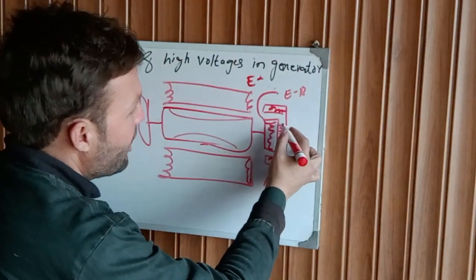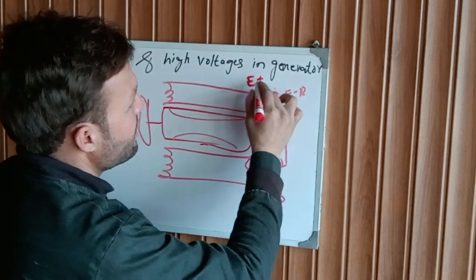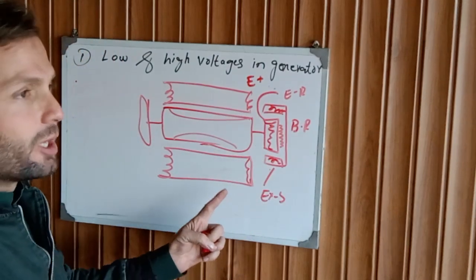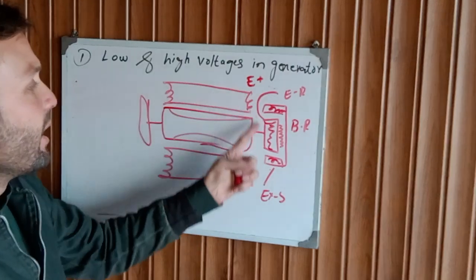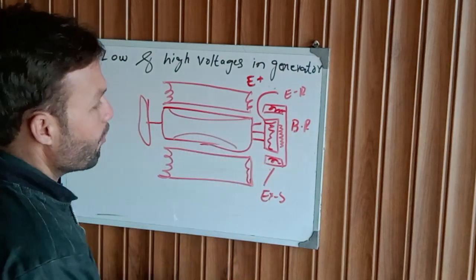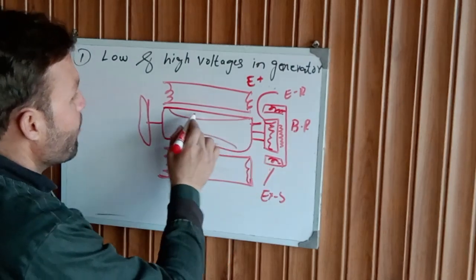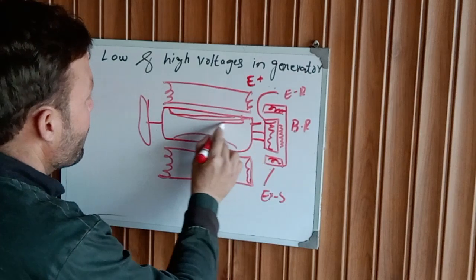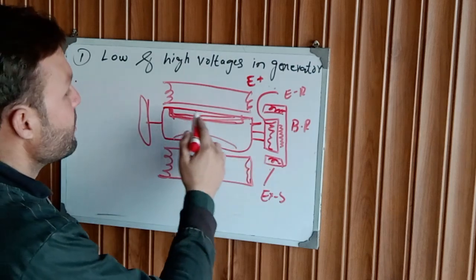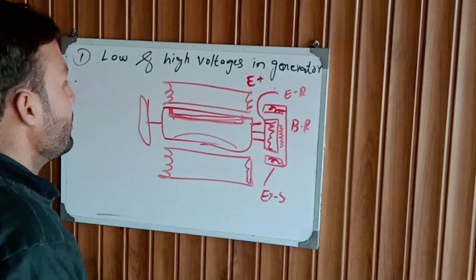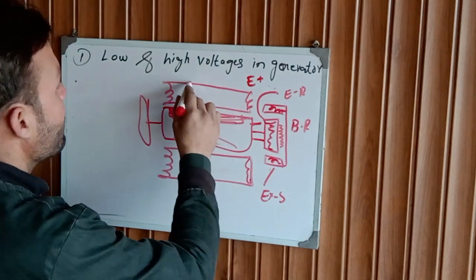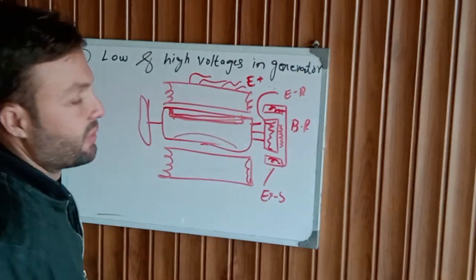This electricity is given to the bridge rectifier. The bridge rectifier converts this AC voltage to DC, and here we have two wires to the main rotor. The main rotor is now energized with DC and converts to electromagnetic. When this main rotor is rotating inside the armature, here we generate electricity.